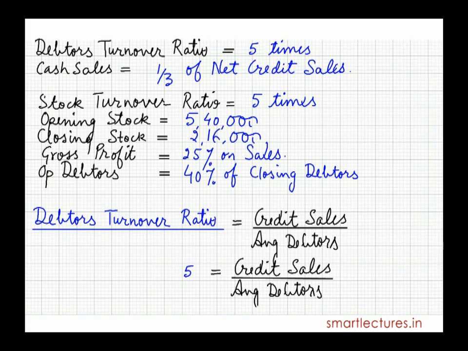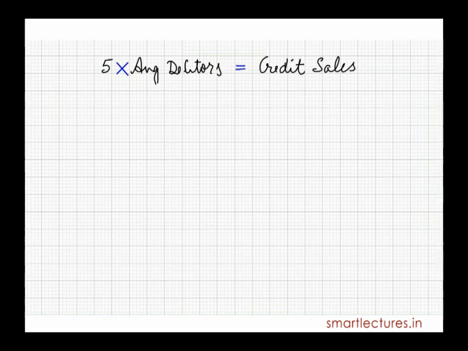So 5 is equal to credit sales upon average debtors. Or I can say 5 into average debtors is equal to credit sales. But the problem is we don't have credit sales, we don't have average debtors.